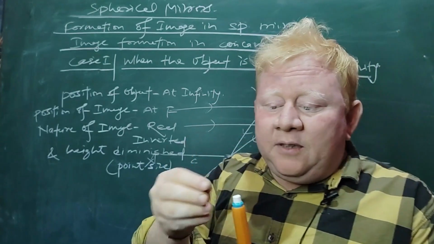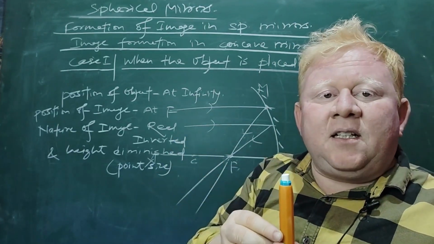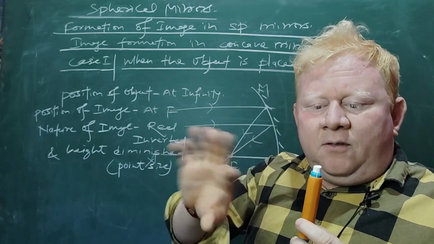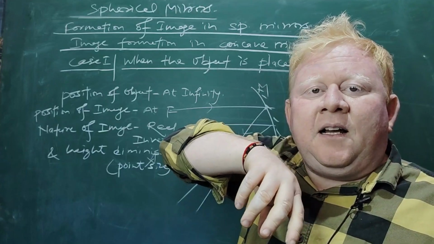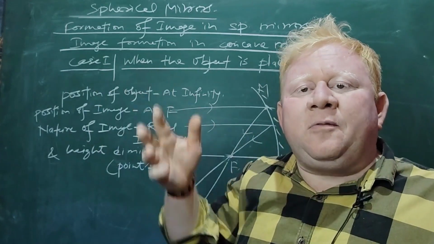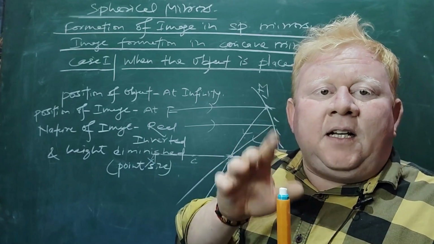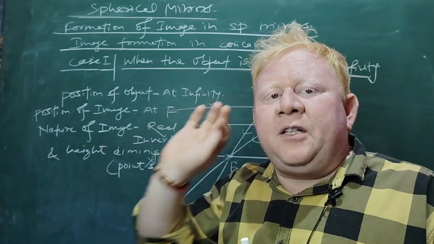Let me tell you that every point on this object emits light in all possible directions. Not only one or two, billions of light rays are coming from each and every point of this object in all possible directions, not only in a particular direction.